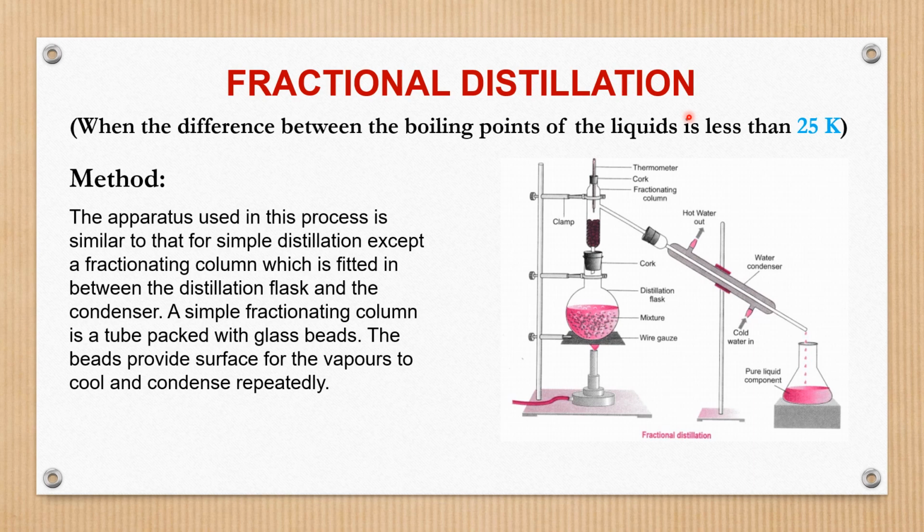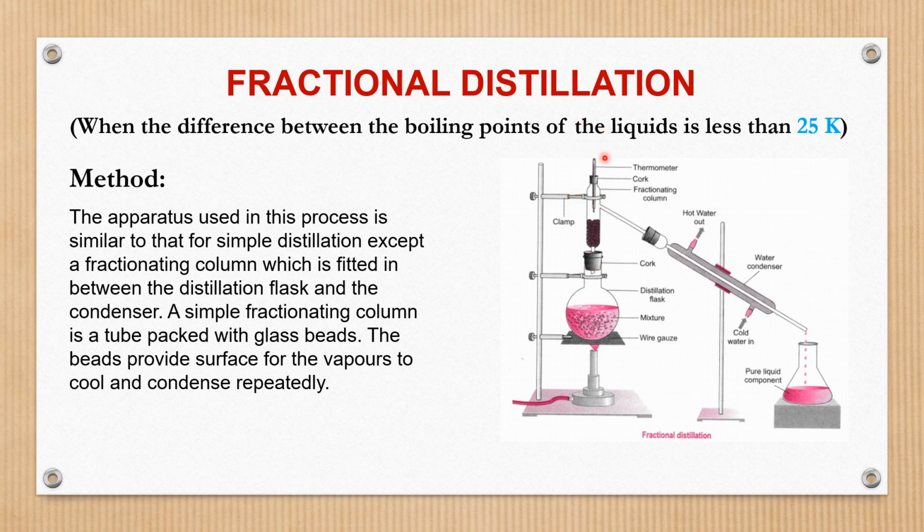So we'll just see the method. The apparatus used in this process is similar to that for simple distillation. The apparatus here is the same as our simple distillation, but the only difference is that the RB flask, or distillation flask, is fitted with a fractionating tube, or fractionating column.